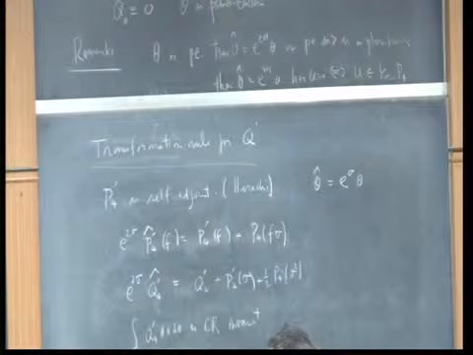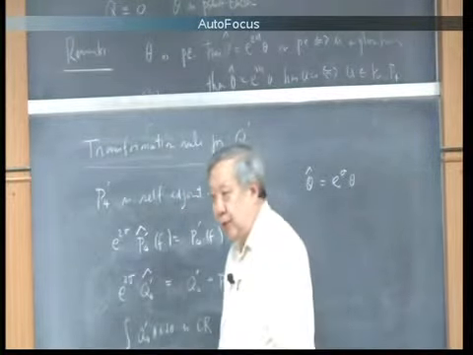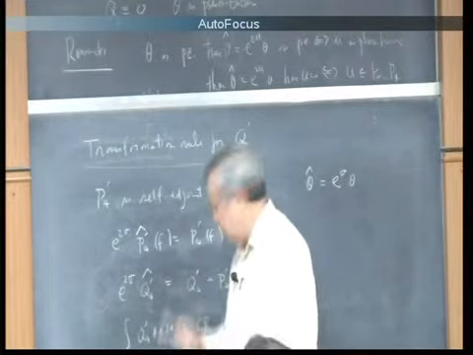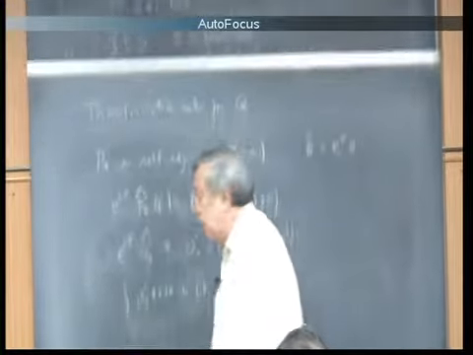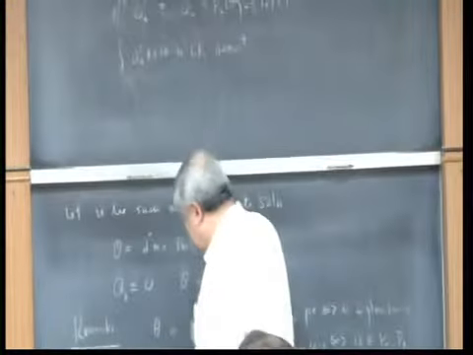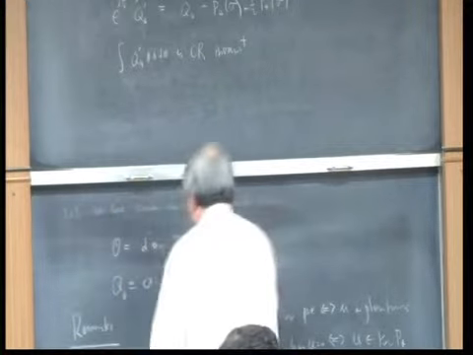So we have a new CR invariant, and it's non-zero. You can check on the standard 3-sphere. This is actually 1, we have normalized things. So it's a non-trivial CR invariant.